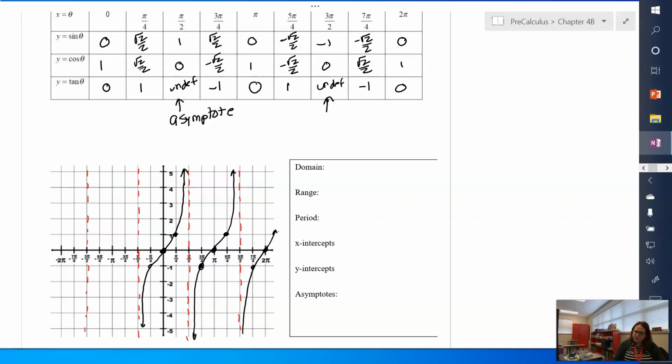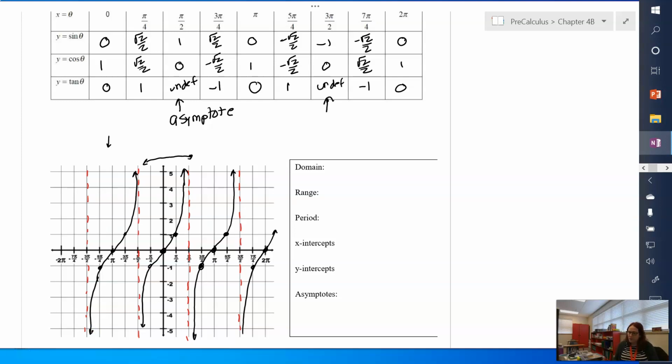Because this is cyclical and it keeps repeating, I can take the graph that's between -pi over 2 and pi over 2, and I can reproduce it over here in this section. So I'm literally just copying the points. Start at the asymptote, draw a curve through your points, and then come back out at the asymptote. So this is what our tangent graph looks like.